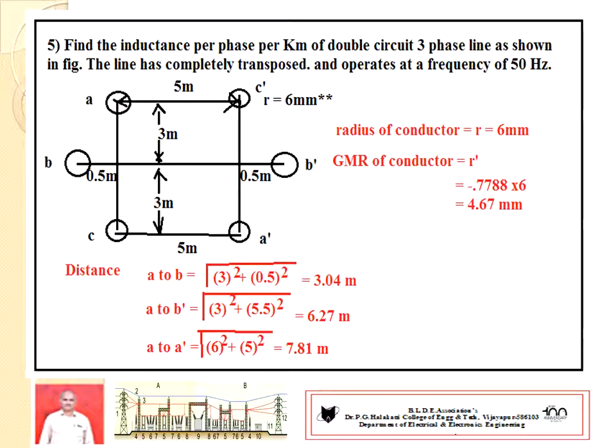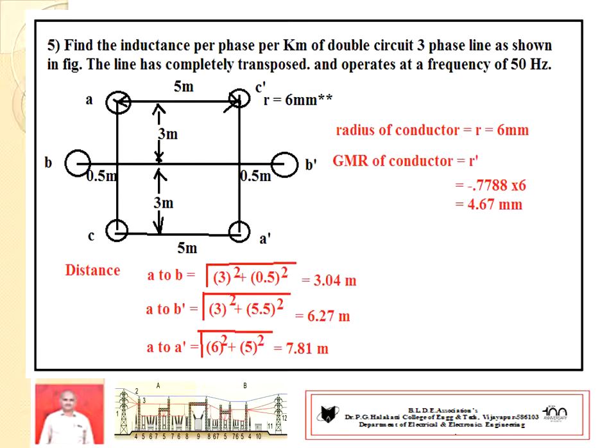So you get that value as 6.27 meter for A to B dash. Then A to A dash: one side is 6 meter, the other is 5 meter, hence the square root of 6 square plus 5 square, 7.81 meter.